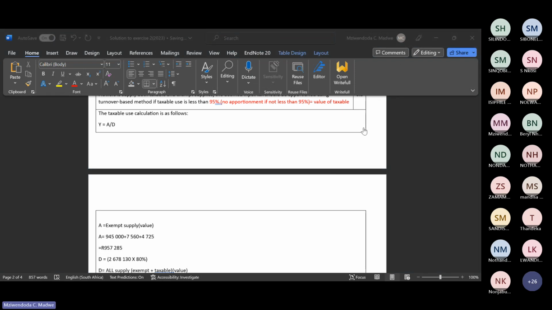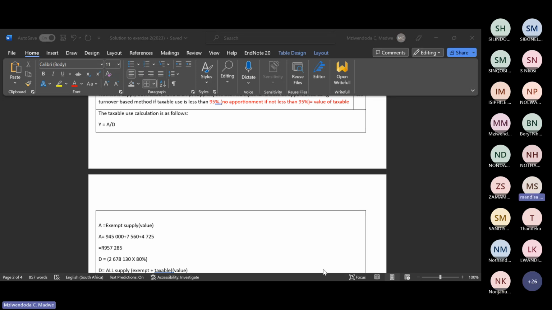Remember, all amounts include VAT. The VAT is included in the 80%, but not in the 20%. Remember, if we are calculating the taxable supply, we exclude VAT.